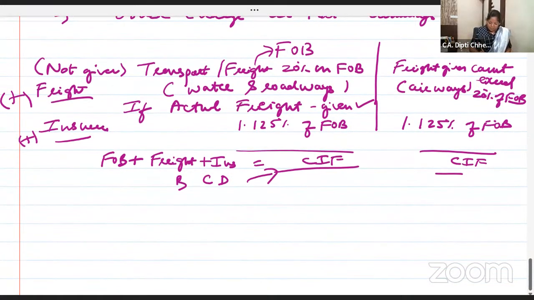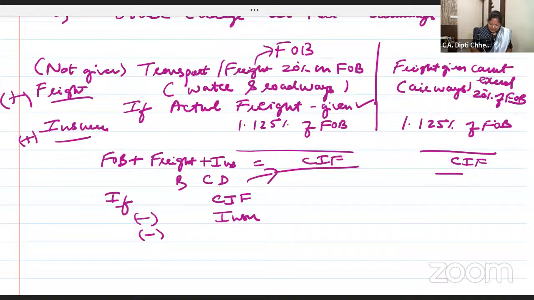Sometimes what they say, if CIF is given, can we do minus insurance, minus freight to get the FOB? Ma'am, but why you have to do? They might have taken the actual freight, whereas I told you, in airways, the FOB's 20% freight only is allowed.